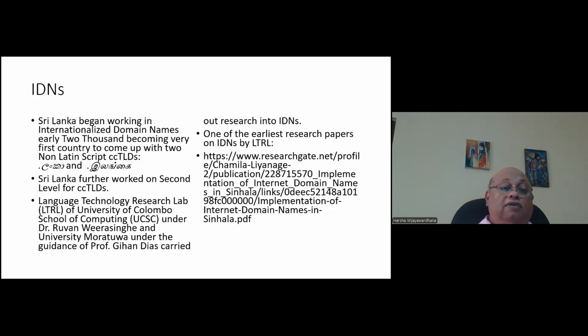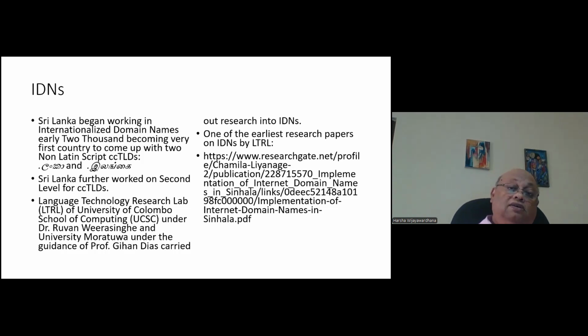I was very much fascinated by these IDNs because the multilingual internet was one of the key features ICANN is basically pushing for right now. Dr. Van Veerasinghe, of course, worked on the international domain names at the time.